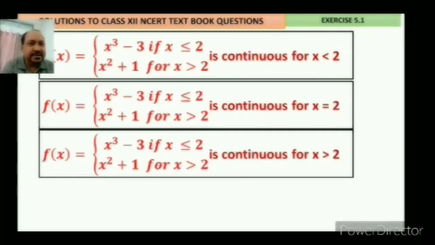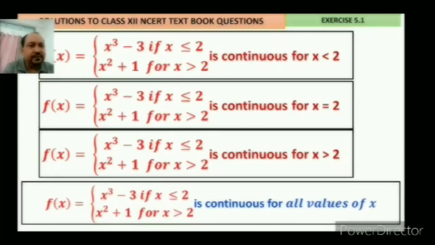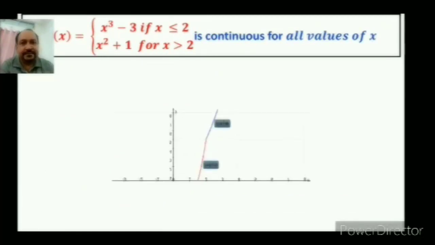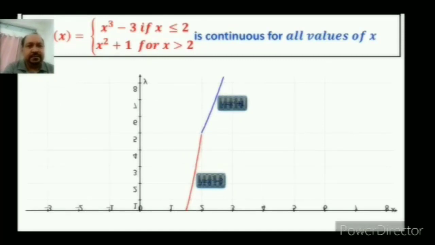The function is continuous for x less than 2 and for x equal to 2, and it is also continuous when x is greater than 2. So the function is continuous for all values of x. Let us see the graph of this function. As you observe in this graph, this function is also continuous.